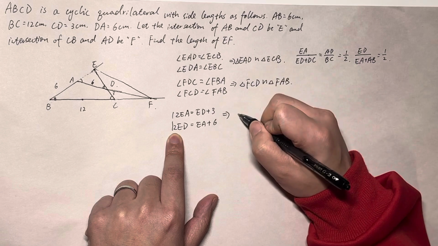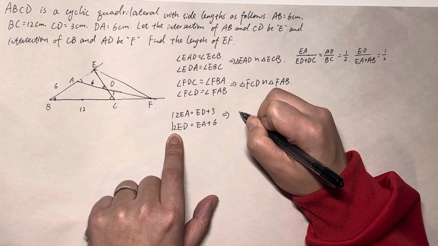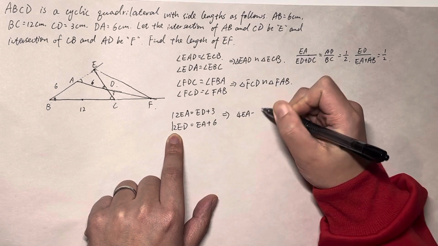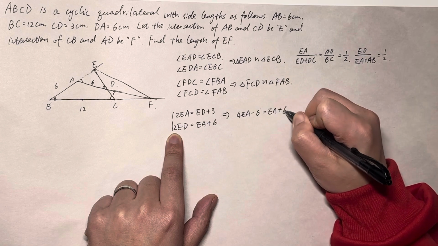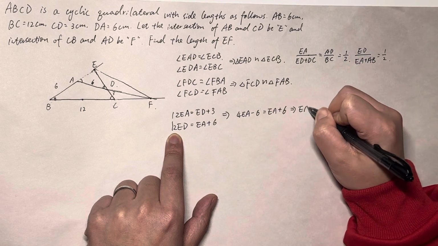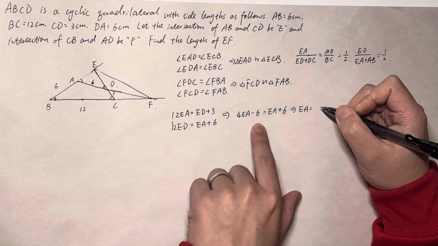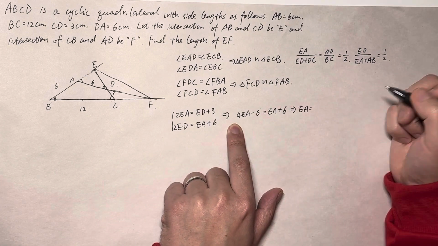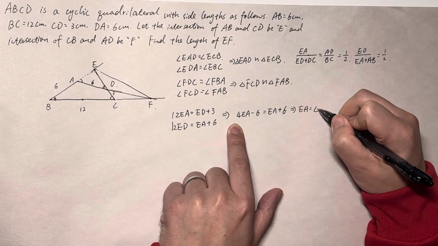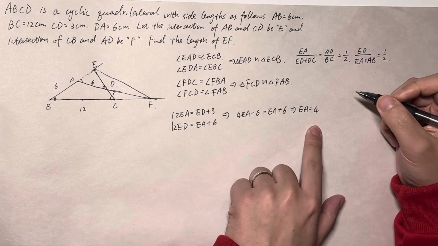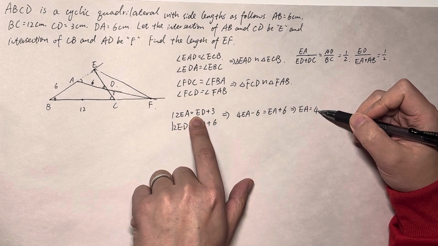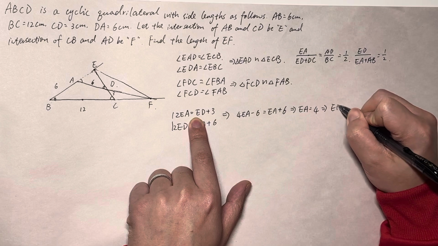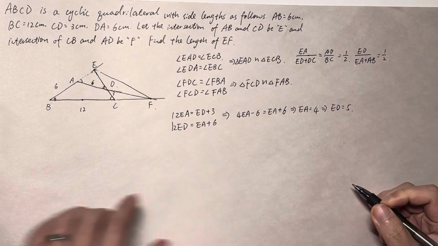So 2ED, that is 4EA minus 6, equals EA plus 6. So we got EA equals 12 divided by 3, that's 4, right? And based on this is 4, that's 8. So 8 minus 3, that's ED. So we got ED equals 5.